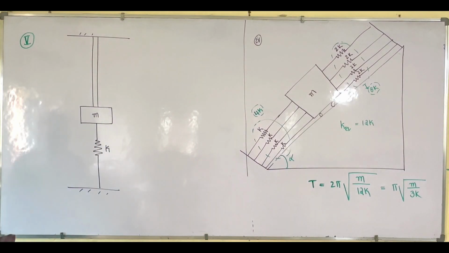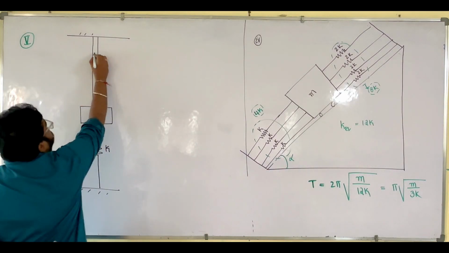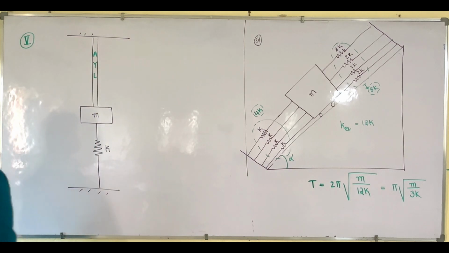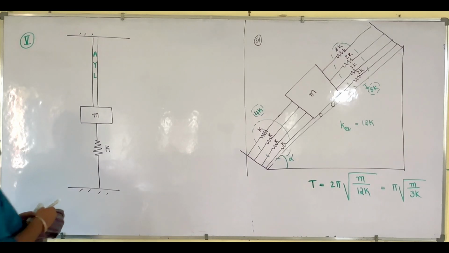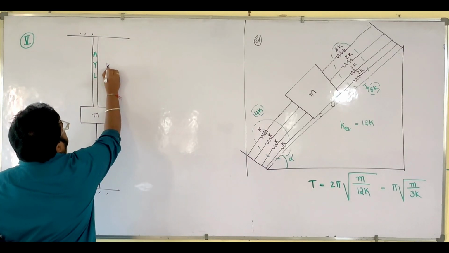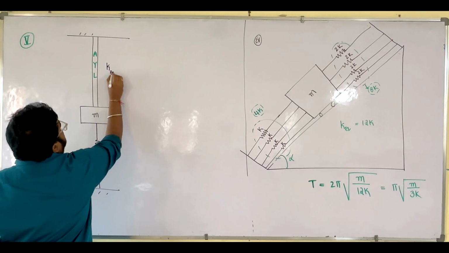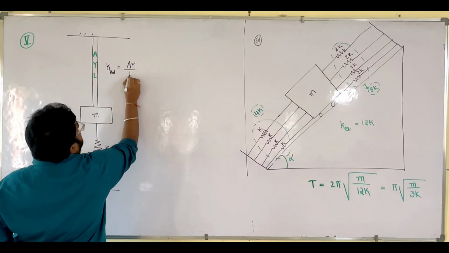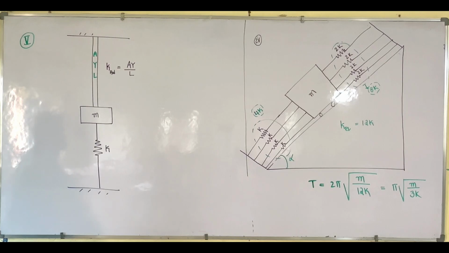Now see this. What is given in the question? A, Y, L. What is the K of the rod? K rod equals A Y by L. This is the K of the spring. These two are connected in parallel or series?